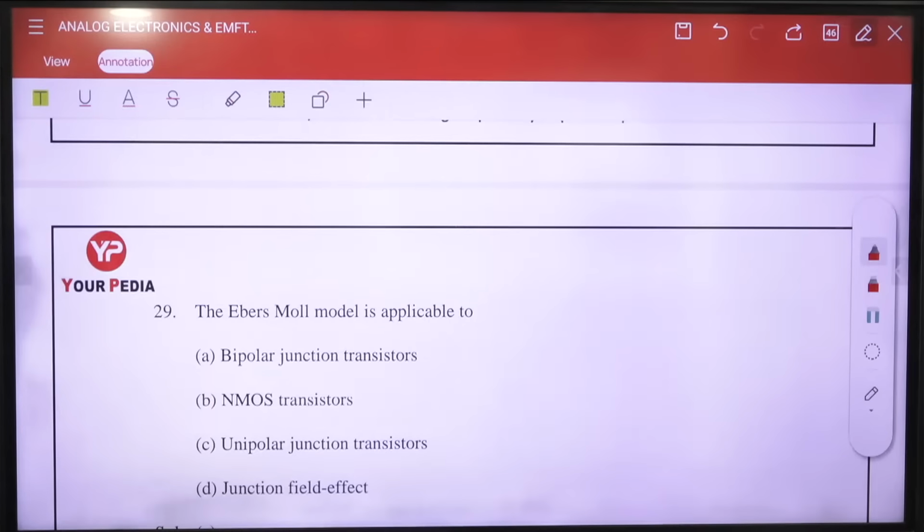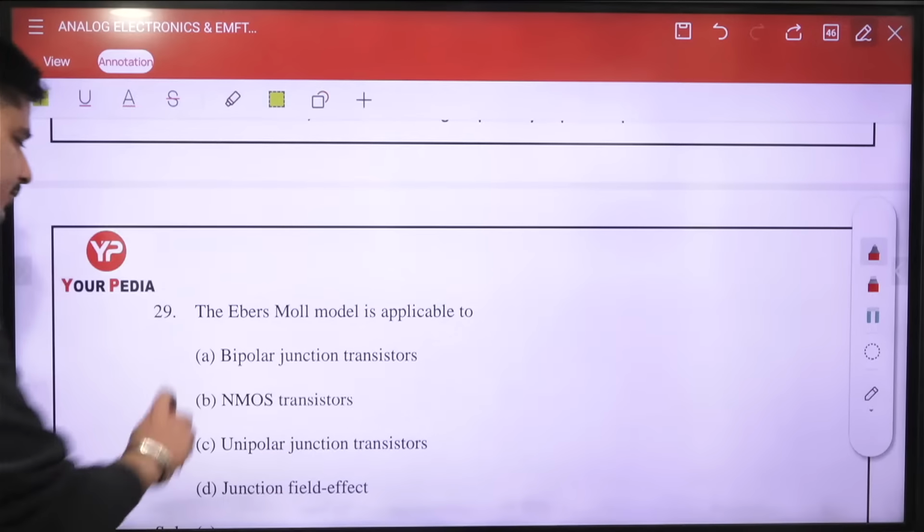Ebers-Moll model is applicable to which? Ebers-Moll model is only applicable to what? The bipolar junction transistor, the BJT.